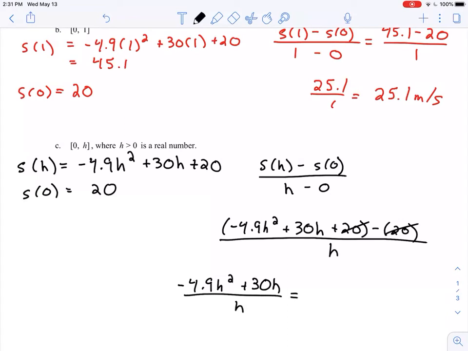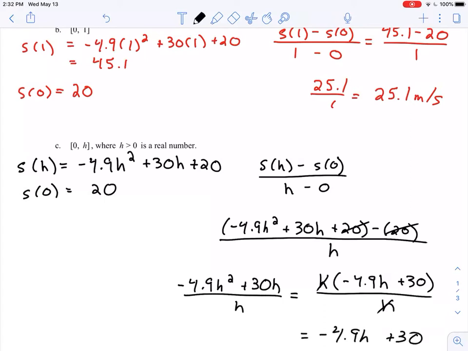If I factor out an h, that leaves me with negative 4.9h plus 30 all over h. These two cancel, and I'm just left with negative 4.9h plus 30. This simplifies the whole process of finding the average velocity.